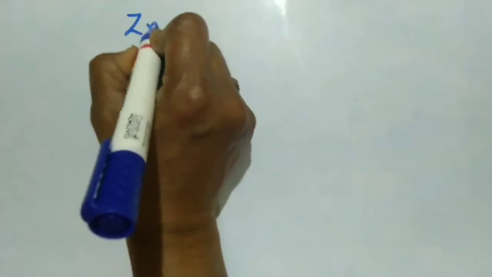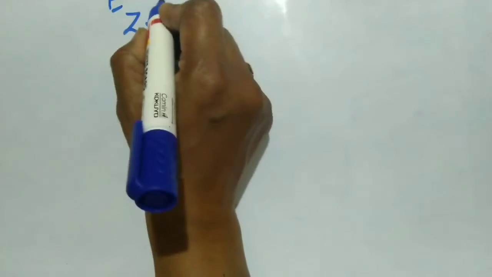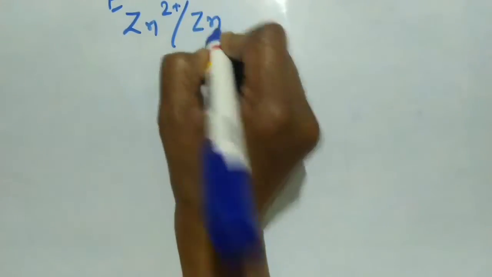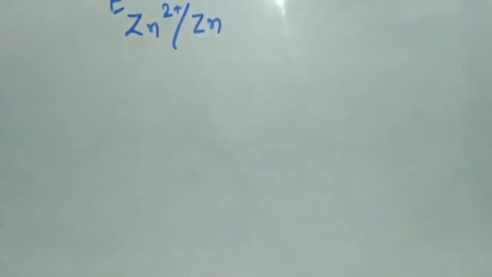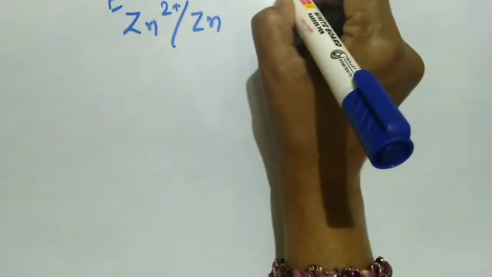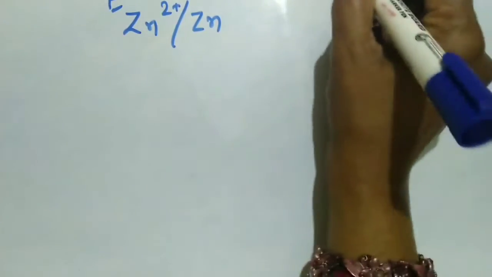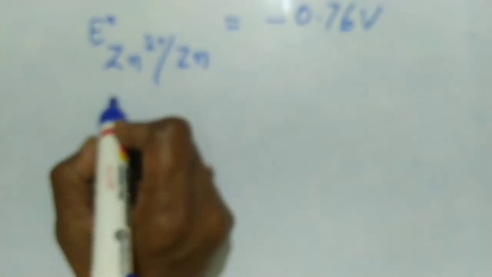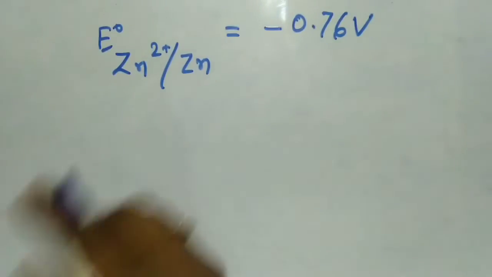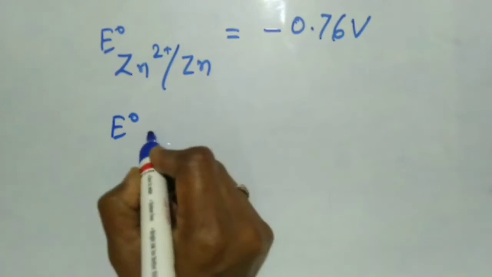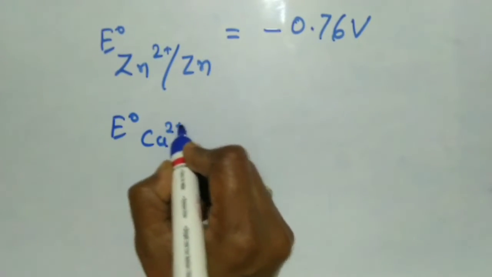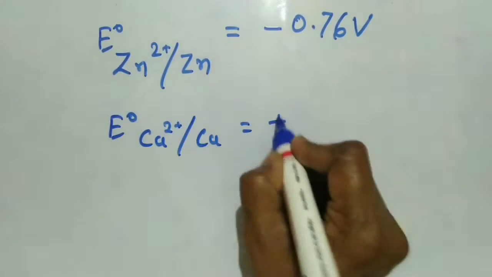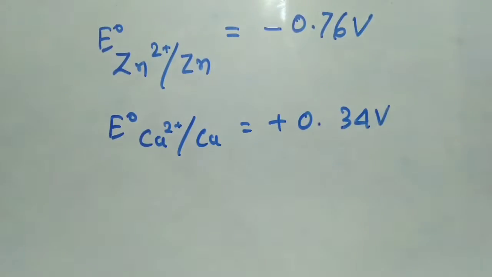The single electrode potential, or standard reduction potential, of the zinc electrode is minus 0.76 volt, whereas that of the copper electrode is 0.34 volt.